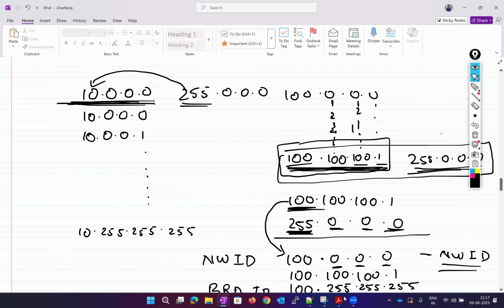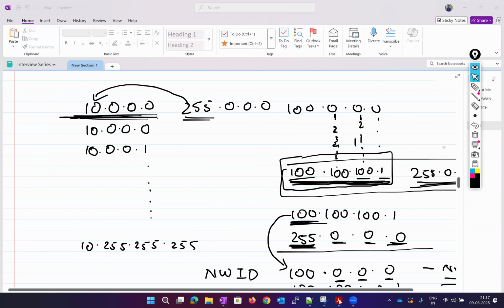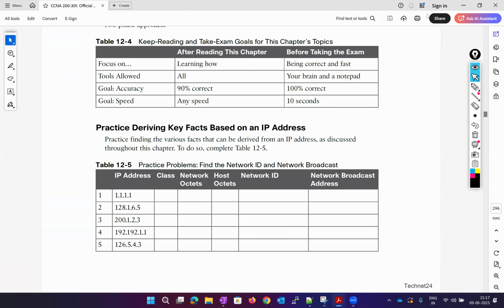Okay. So let's do some questions. So now here, the first question says the address is 1.1.1.1. Okay, so which class does it belong to? Class A, right?